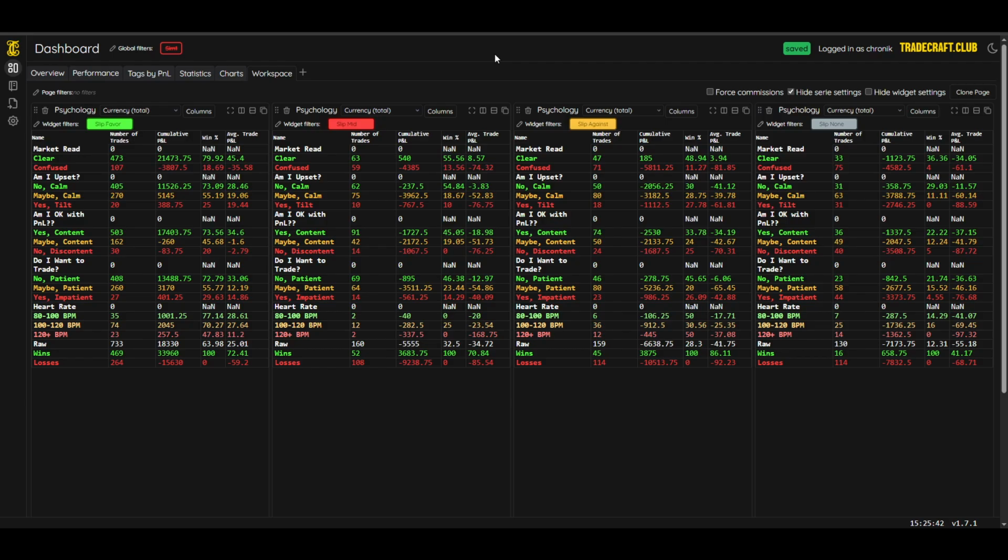Okay, look at this. This is the gap between your sample size of clear and confused trades. On slip favors, the difference between how many clear trades and confused trades you have is 366.